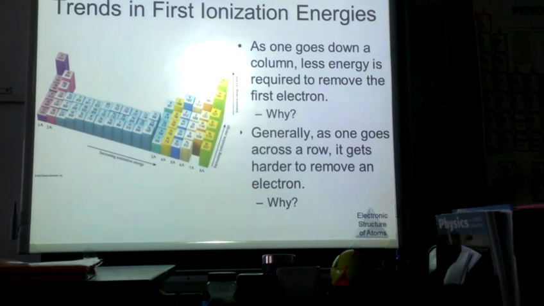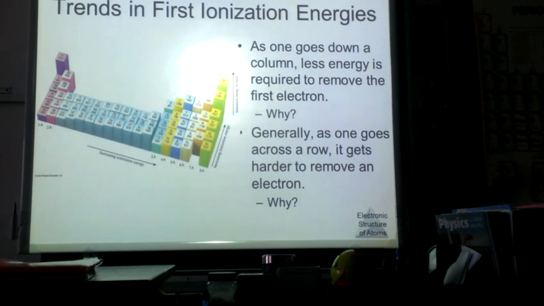So trends in first ionization energies, and really the trends should be fairly similar for second, third, fourth, and so forth. So for first ionization energy trends, as one goes down a column, less energy is going to be required to remove the first electron. So as we're going down a group, a family, so let's just go down from hydrogen through the alkali metal family, or if we go down the halogens, fluorine to iodine, it's going to take less energy.